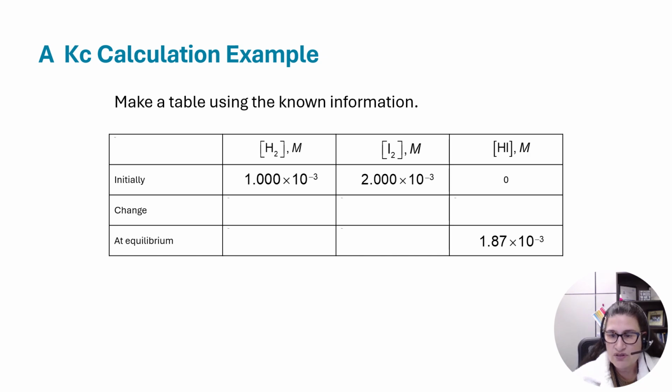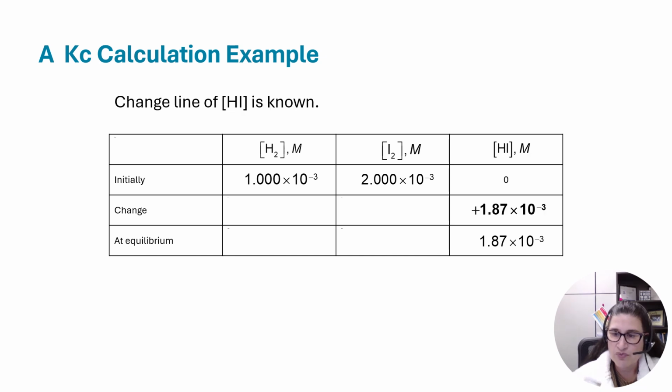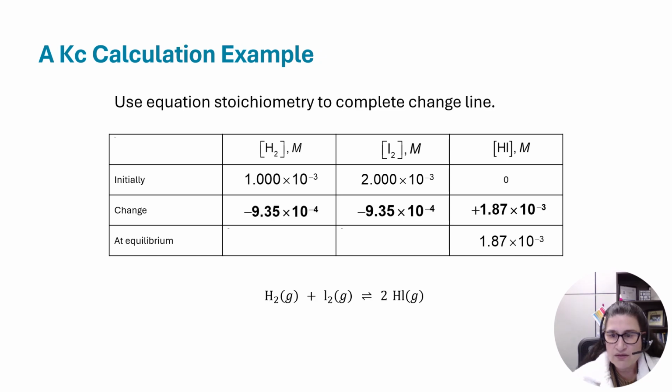So if this starts at 0 and at the end we have 1.87 times 10 to the negative 3, then I know what my change is going to be. So my change is going to be plus 0.187 times 10 to the negative third. Now this had a coefficient of 2, so these would be half of that much.